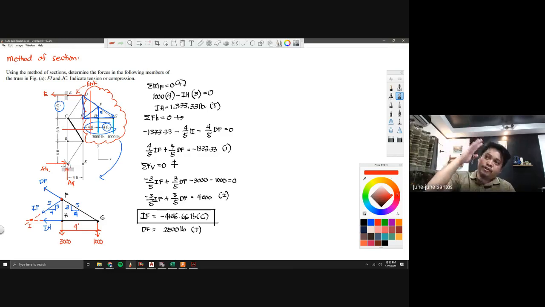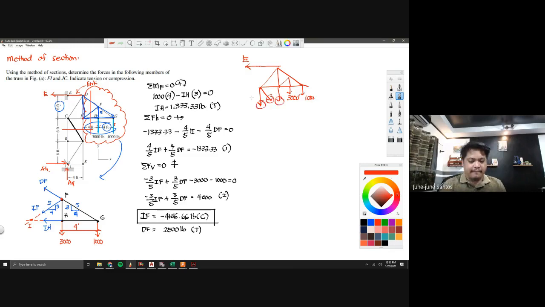Kapag upper portion yung kinonsider mo, kailangan mong i-consider tong dalawa. Okay? Kasi kumbaga magiging ganito yung itsura ng ayan. Okay, parang ganyan yung magiging itsura. Kasi ito, meron kang E dyan eh. Tapos meron ka pa ditong 3,000 and then you have there 1,000. Okay? So, ang unknowns mo, 1, 2, and then 3 there. If you consider the upper part.